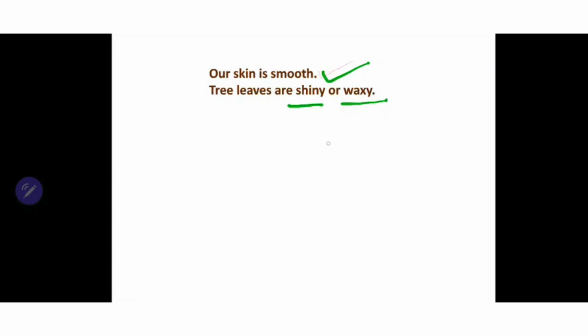So those waxy, shiny leaves are a characteristic that comes from the origin of the universe. And you know that tree leaves are involved in photosynthesis.